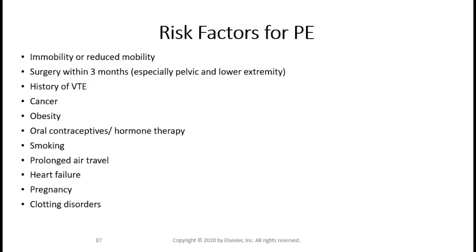So the risk for getting a PE is actually pretty large. But less common causes of PE would include fat emboli, which we'll talk about in musculoskeletal, air embolism from improperly administered IV therapy or central line removal. And the treatment for an air embolism is a little bit different, and amniotic fluid embolisms and even tumors.